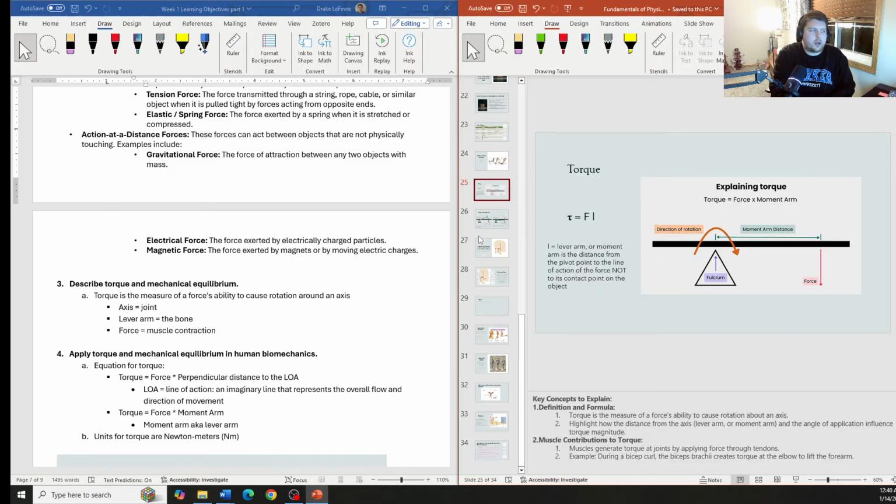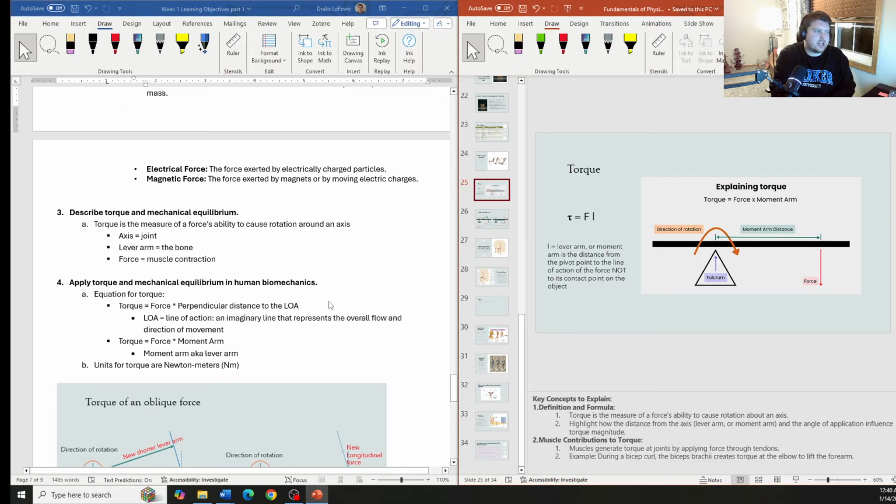So the whole process of torque, there's not a lot to torque. What we really want to understand is this is how we move. The fulcrum or the axis represents our joint, specifically where our joint is located. And then the moment arm distance represents the bone.